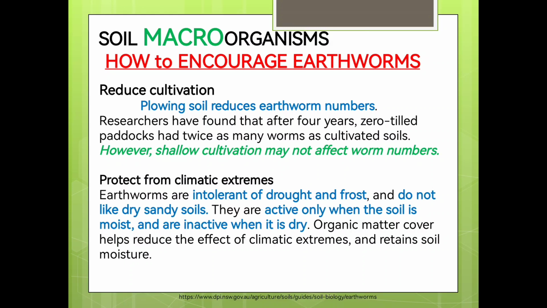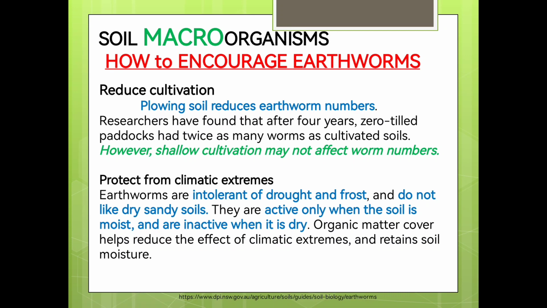Yun nga lang, pag medyo mababaw lang naman yung pagbungkal-bungkal natin sa lupa, the effect is not so great. Yun nga lang, pag medyo deep na yung pag-araro natin sa lupa at pagbungkal-bungkal, ayun, marami na tayong mahihit na mga earthworms. So, we reduce cultivation.